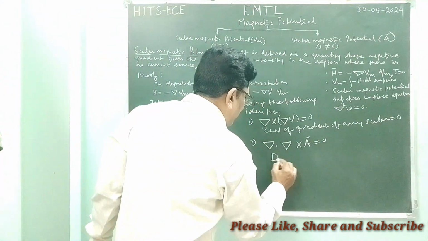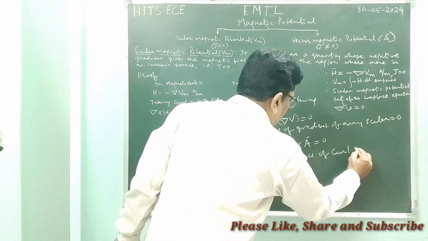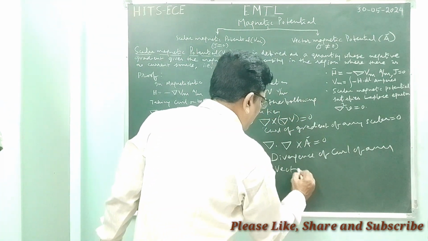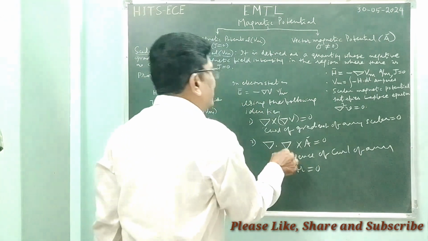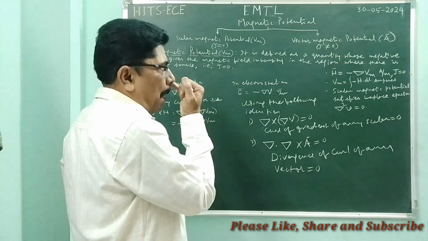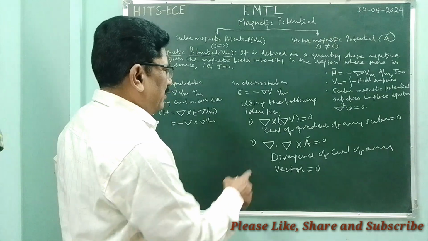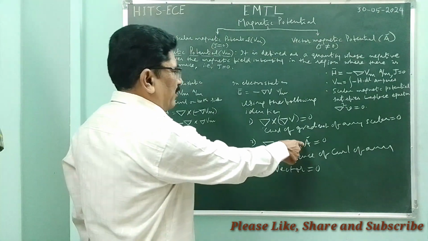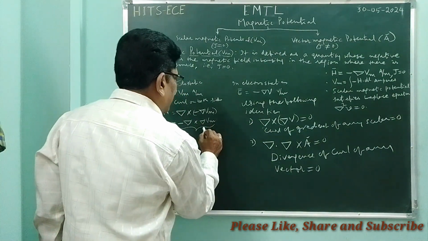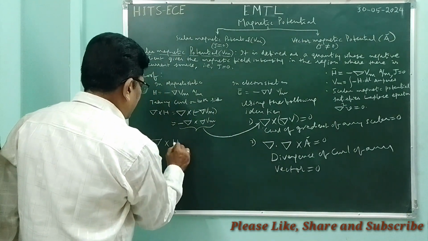This is the second identity, which we will use for this vector magnetic potential while finding the expression for vector A: divergence of curl of any vector is equal to 0. Now, as per the first identity, del cross H is equal to 0.